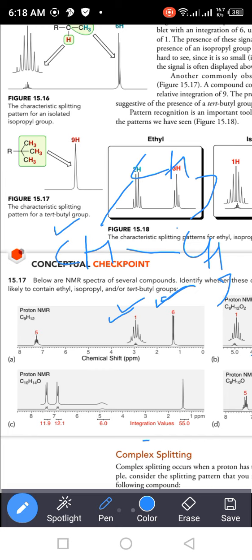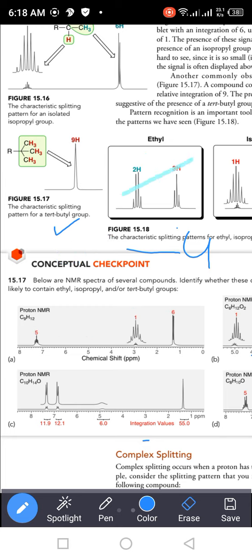And what about the peaks having 5 proton integration? There is a formula given for the organic compound, C9H12. When C9H12 is the formula given for an organic compound, definitely there are 9 carbons. So when there are 9 carbons and 12 hydrogens, first of all calculate the index of hydrogen deficiency.